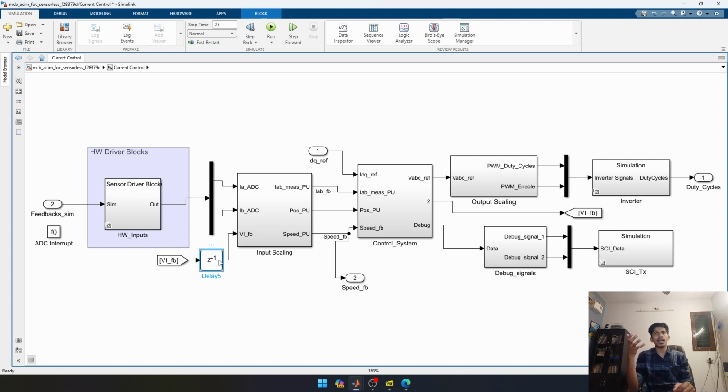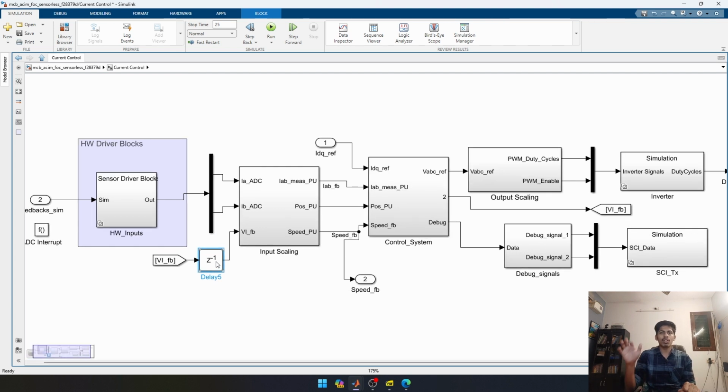It gives the clear direction of whether the signal is propagating from this side to this side. So that is why we are adding this delay. Without this delay, it will create something called an algebraic loop, which the simulation won't be able to solve. The numerical solution will not be able to converge to a particular value. So that is why we are adding this delay.